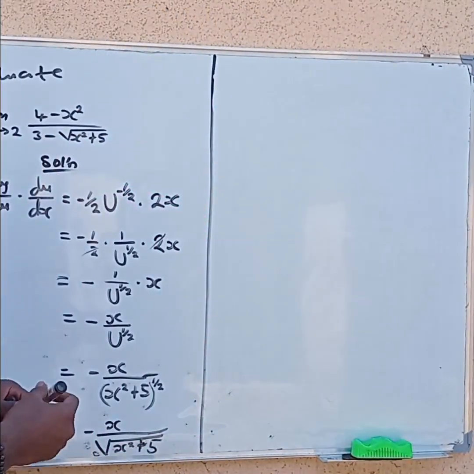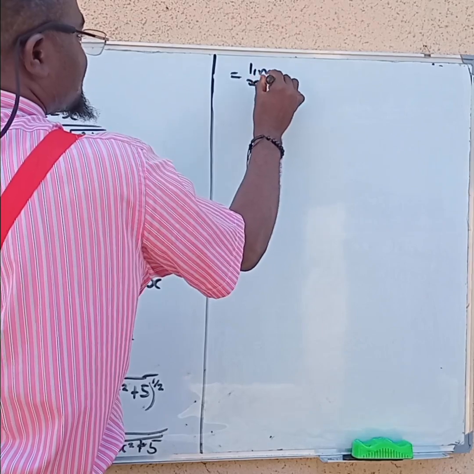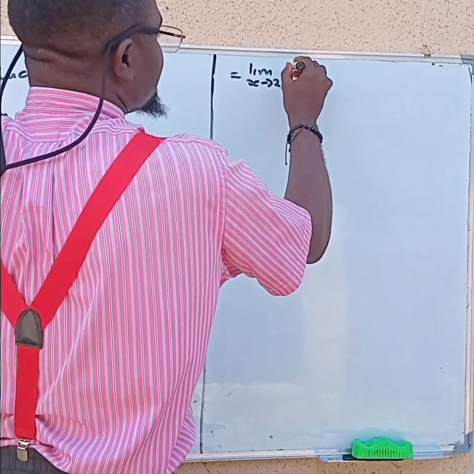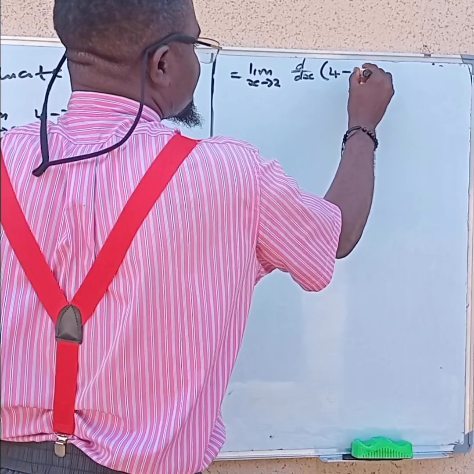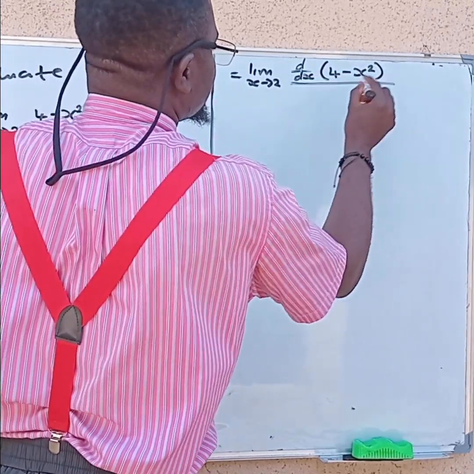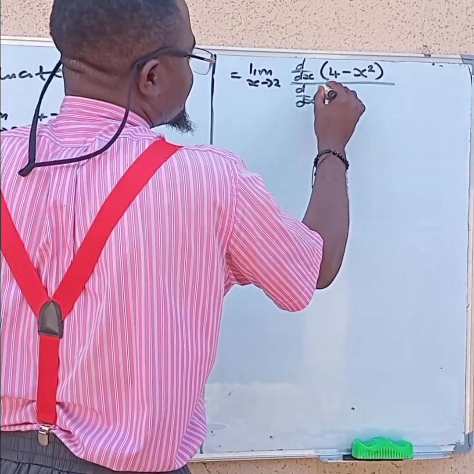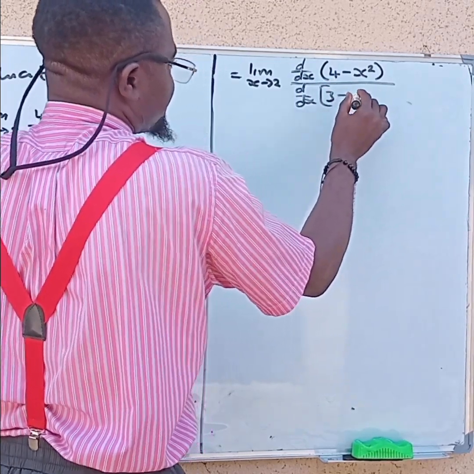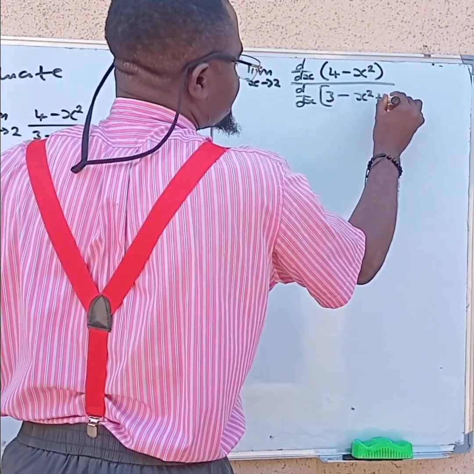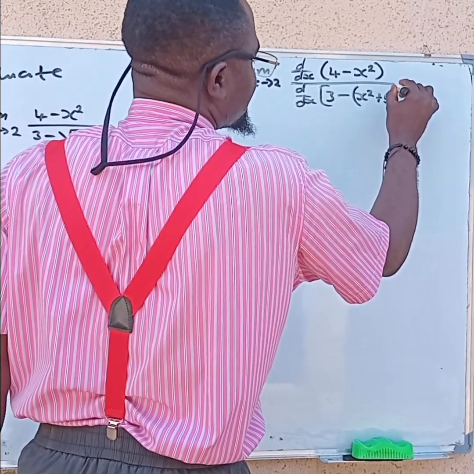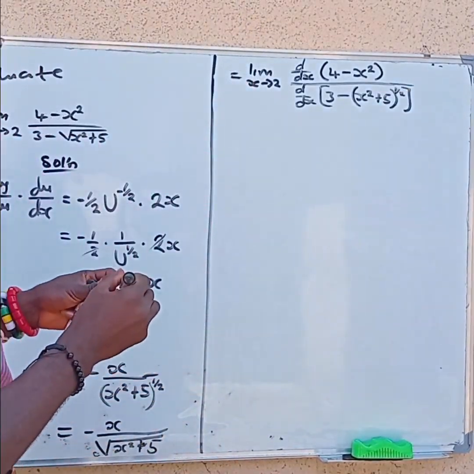So this will now be equal to the limit as x tends to 2 of the derivative of 4 minus x squared over the derivative of 3 minus the square root of x squared plus 5, raised to the power of this. So this is what you have.